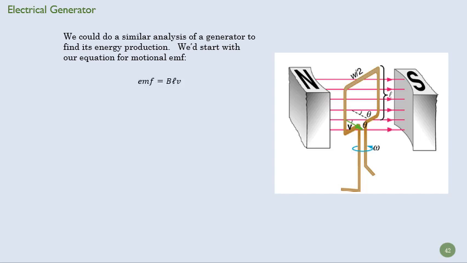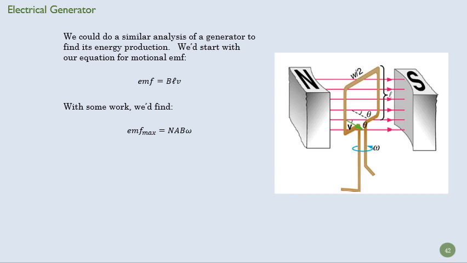Now, if we were going to figure out how much EMF a generator could produce, we could do a kind of similar analysis to what we did with a motor. We could start with our equation for motional EMF that has to do with how big our loop is, how big our magnetic field is, and how much velocity there is.